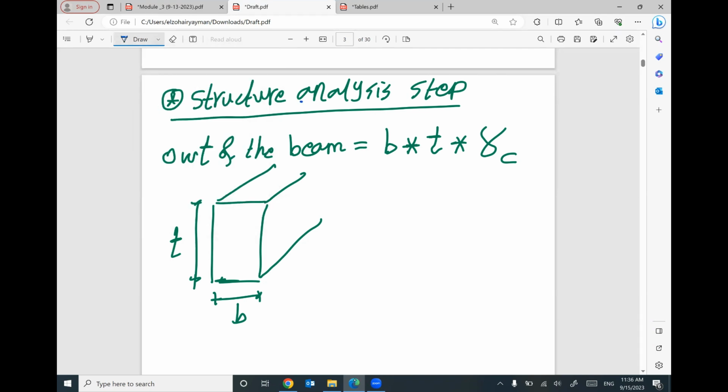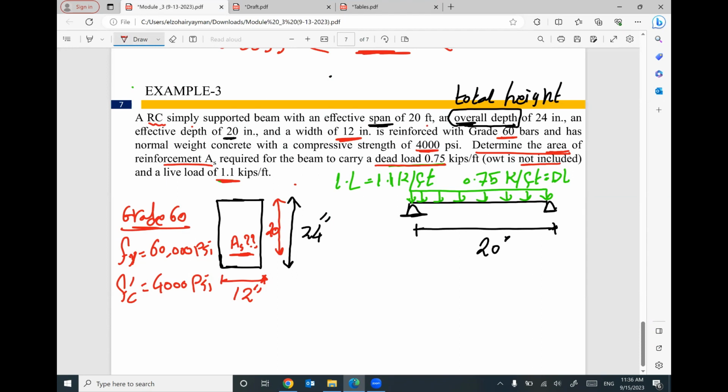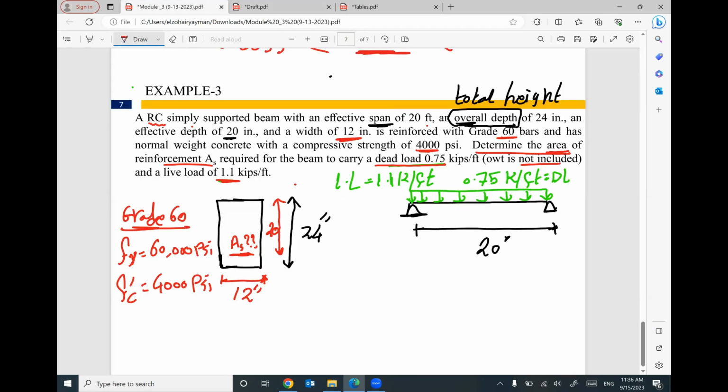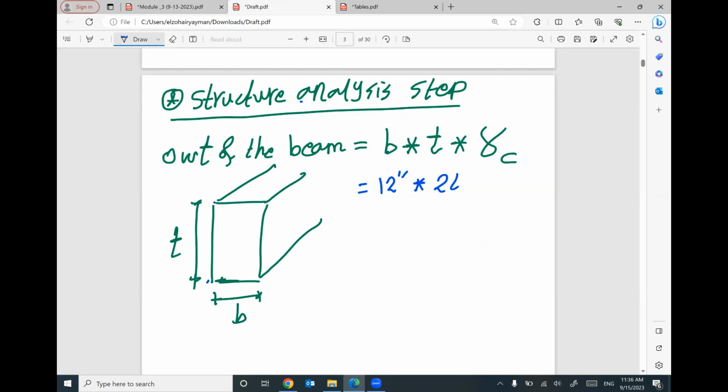So your width is given in this problem, 12 inch. Your total thickness of the cross section is given, 24 inch. Your gamma concrete, you must be aware of this value, 150. Gamma of concrete is 150 pounds per cubic feet. You have to keep this number in your mind.